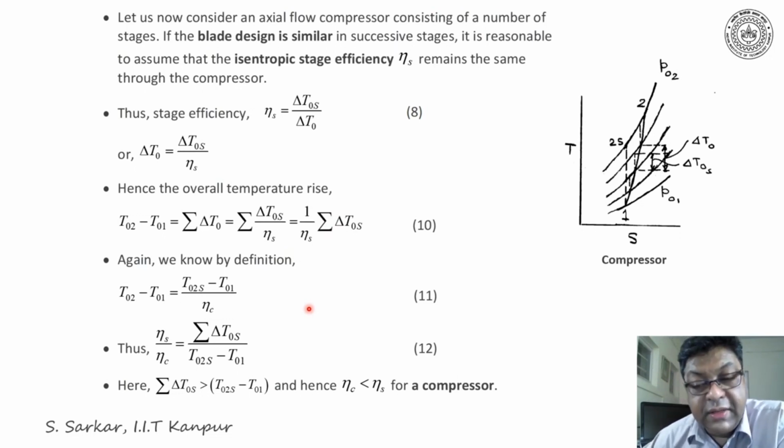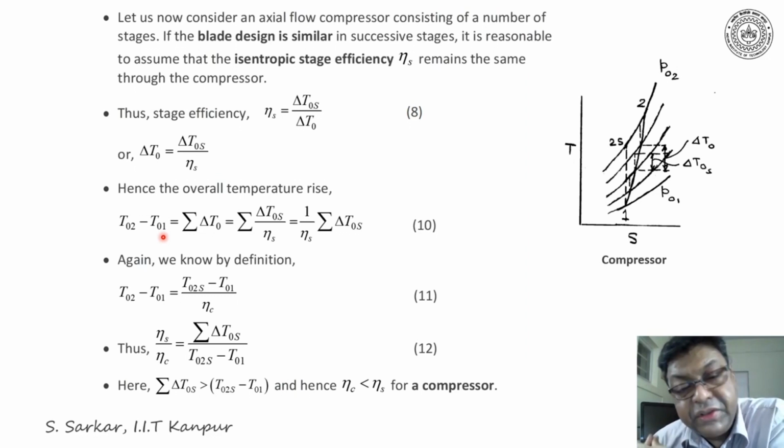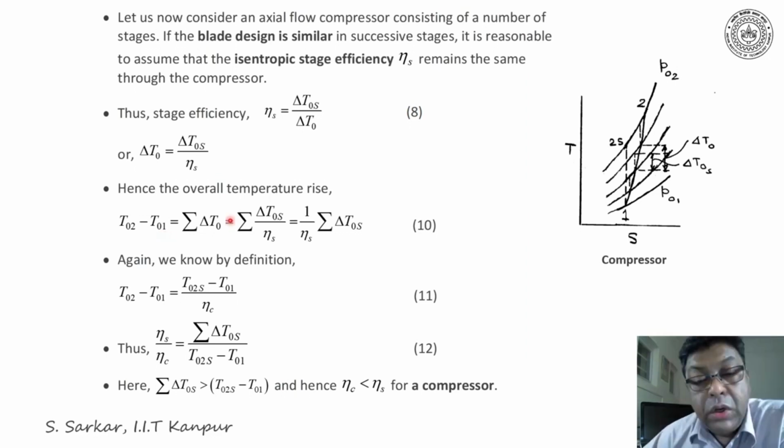Thus, what equation number 10 says is that the overall temperature rise T02 minus T01 of the compressor is equal to 1 by eta S times the sum of all isentropic temperature rises through different stages.